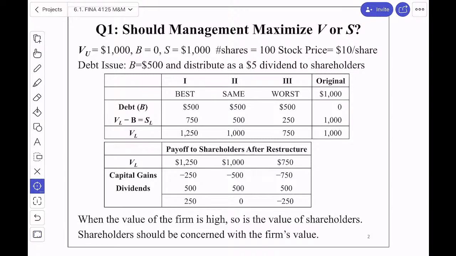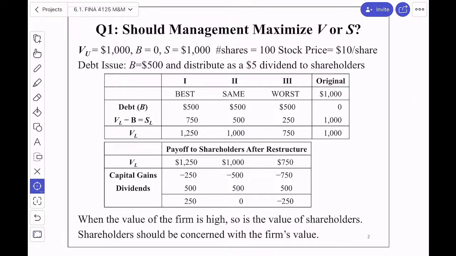You with me so far? In the worst case scenario, the value of outstanding stock falls to $250. In this case, the value of the firm has fallen to $750. So we're really looking here at best, same, and worst. So this is the impact on shareholder equity. This is the impact on the value of the firm.